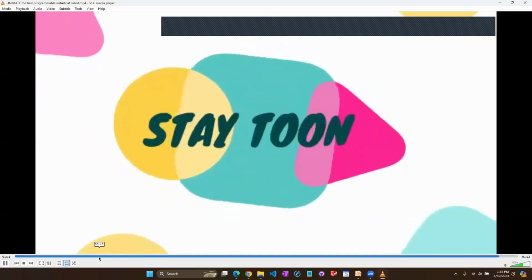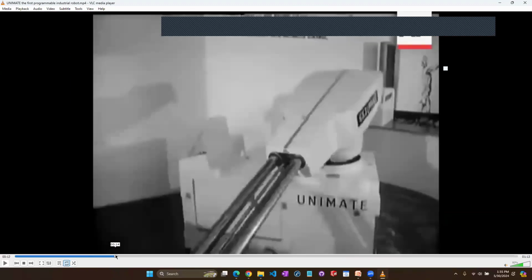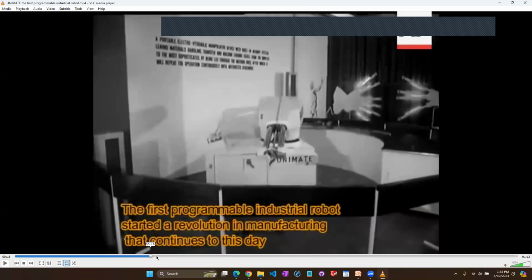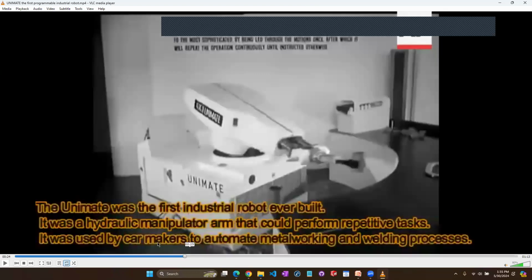Right. So there are a few things that I want to focus on. The first programmable robot was a hydraulic manipulator arm. I think this was developed in the 1950s, I can't remember exactly, but back then, the motors with a high power to weight ratio and high power to volume ratio that we have today weren't available.